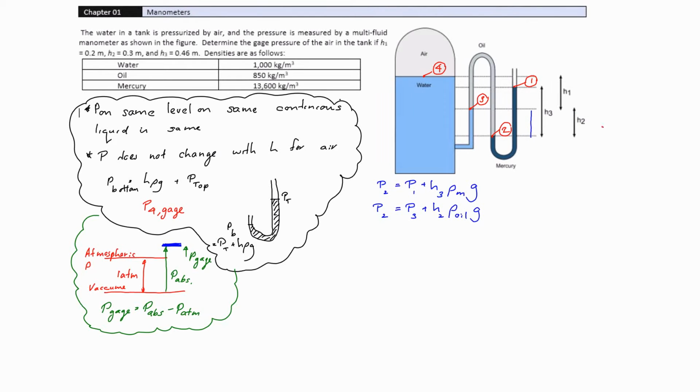Now what we have to find is the pressure of air, or P4, and we understand point 1 has 1 atm of pressure. Let's call it P atm. Now we can refer to equation 3 and solve it for P4.